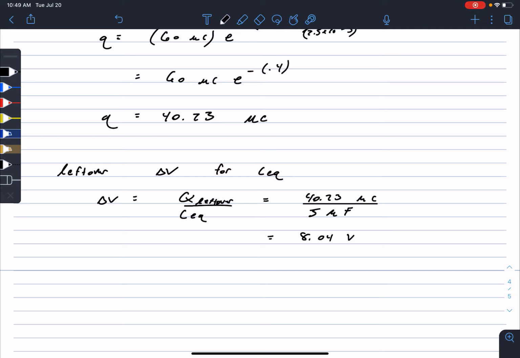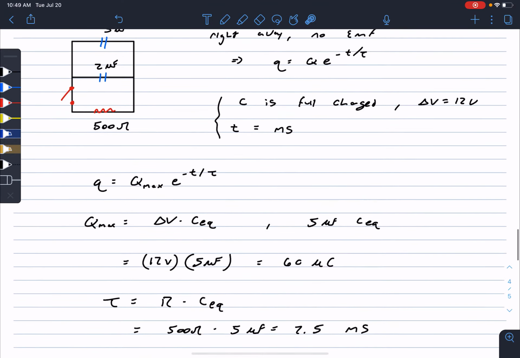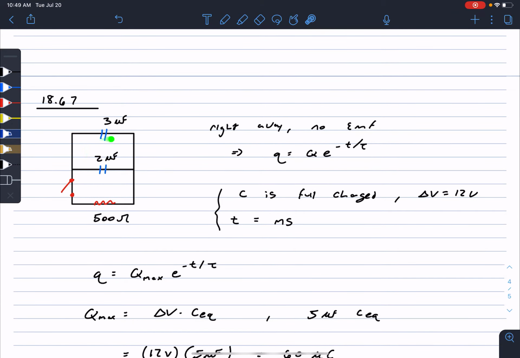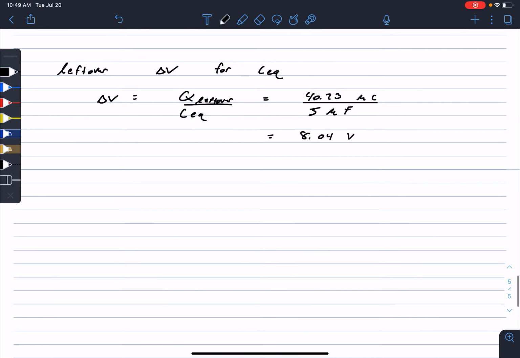And this is 8.04 volts on the equivalent capacitance here. So now we can actually find what we were looking for, which is how much charge was remaining on the 3 microfarad capacitor.